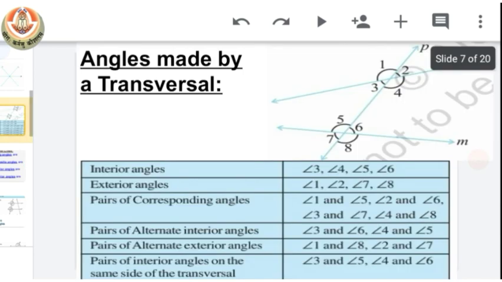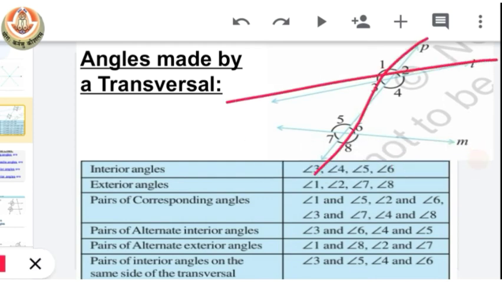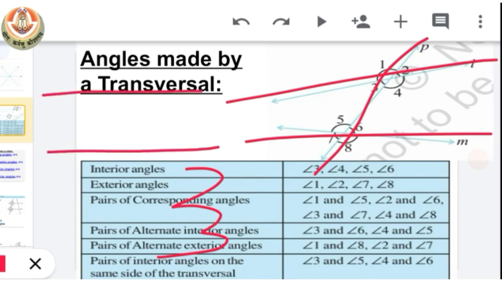Here we only learned what term we have to use for these certain angles, but this is the case when a transversal cuts two random lines. But what will happen and what will be the relation between these pairs of angles when a transversal intersects two parallel lines?